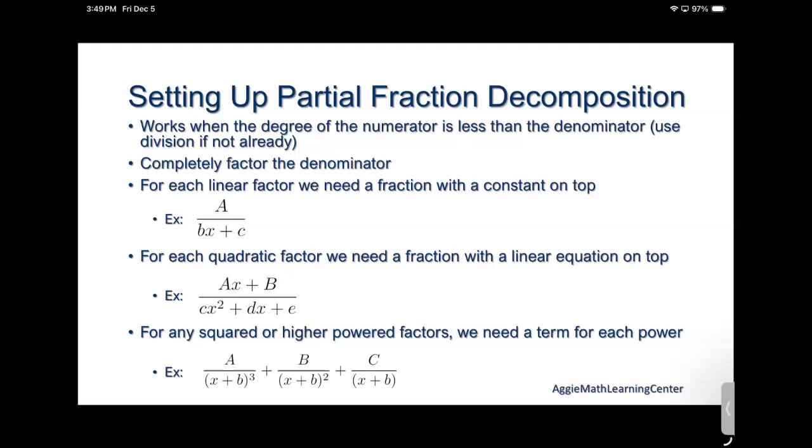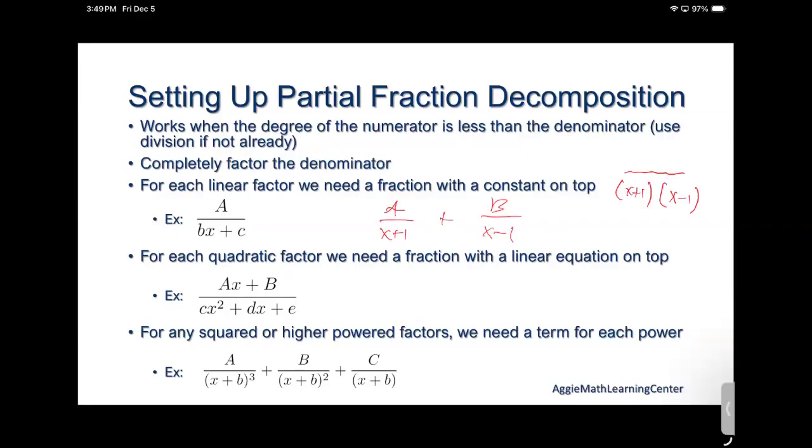For each linear factor, we need a fraction with a constant on top. So let's say you had some equation, and in the bottom you had an x plus 1 and an x minus 1. If you were trying to decompose this, you would have some a over x plus 1 plus some b over x minus 1.